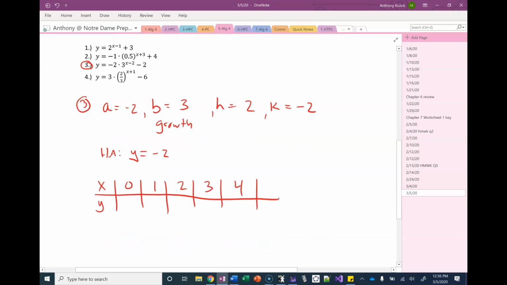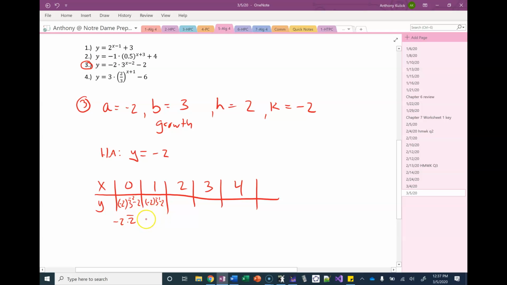And then to find our values for Y, we're going to do A times B to the -2 plus K. So that's going to be -2.2 repeating. And then we'll have -2 times B to the -1 minus 2.